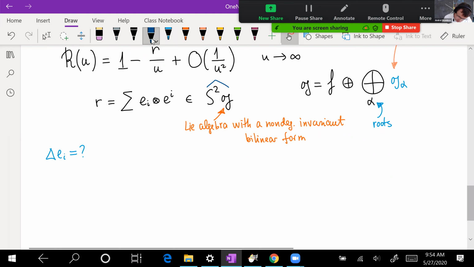That means we have to take a product of two R matrices like this, and then take the coefficients. We are interested in the coefficient of 1 over u.